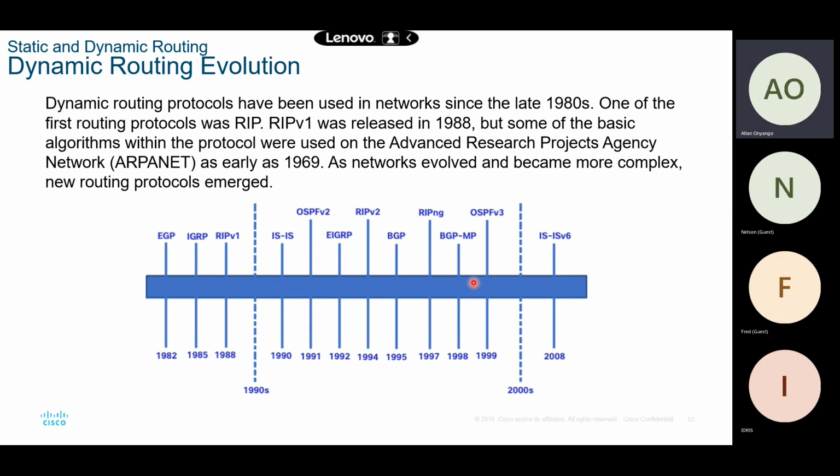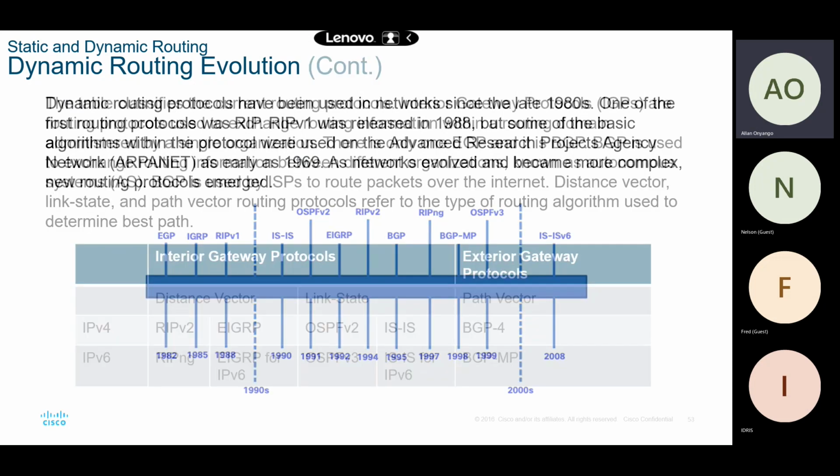And in the year 2008, Intermediate System to Intermediate System also launched their version for IPv6. Okay. And the journey has been worthwhile. We still have these protocols very strong, helping routers to communicate dynamically.